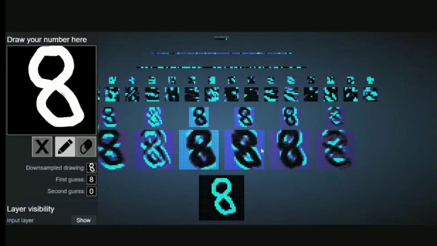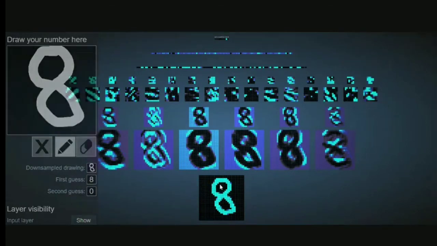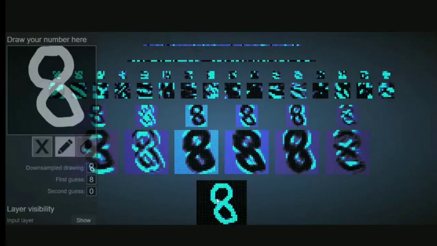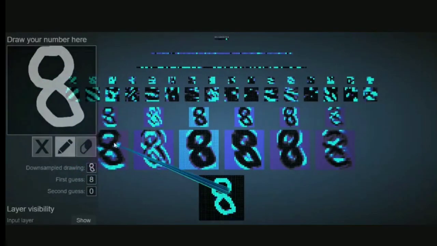Now see here, what is the first guess? It has guessed it as 8. How is this evaluated? This is our original image, and now it is divided into pixels. In the first layer, we apply convolution and pooling.